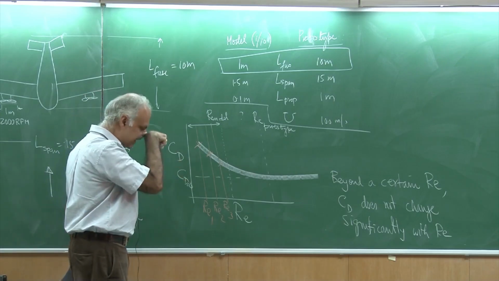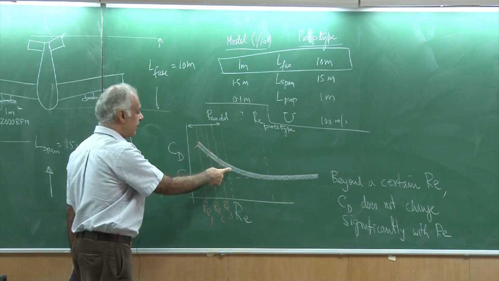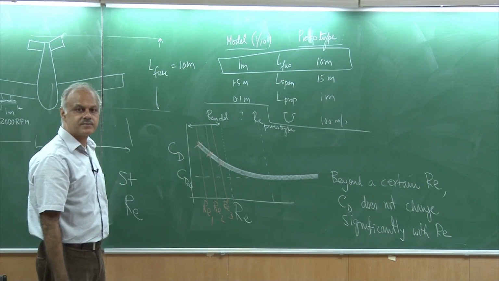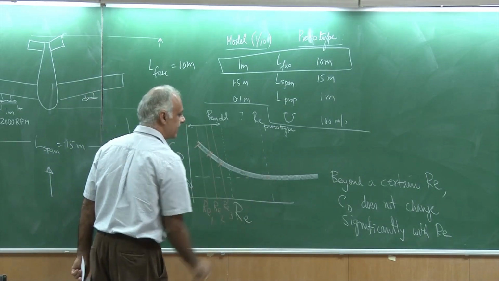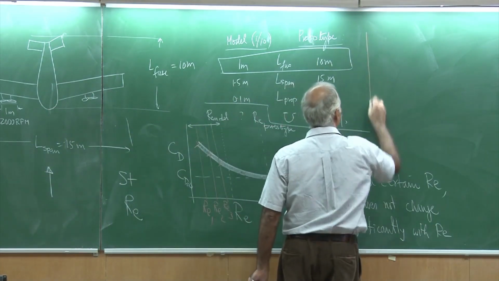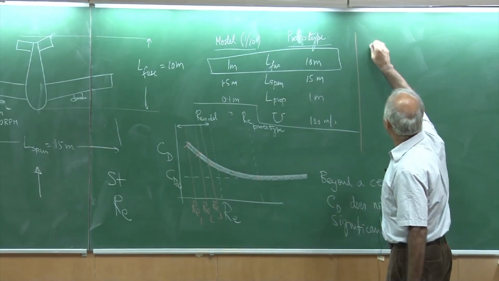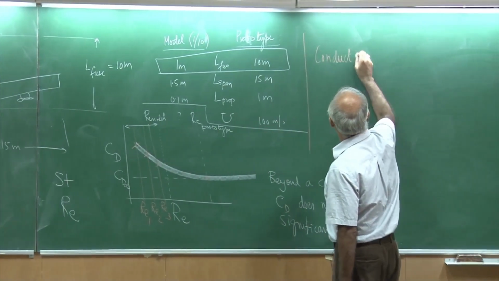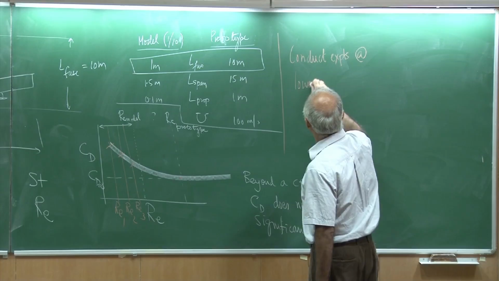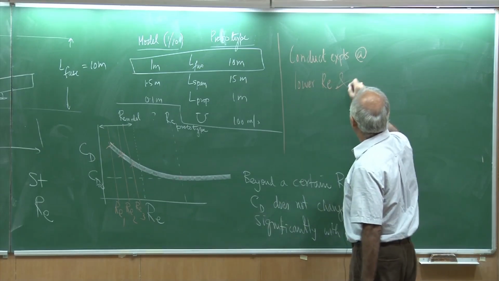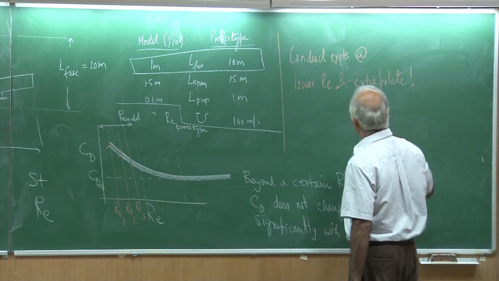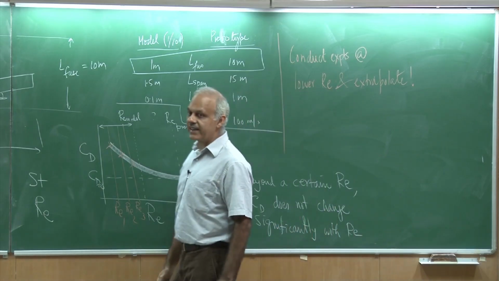So, I choose a certain Reynolds number, let us say 3 of them or maybe 4 of them, and I look at how my CD varies as I change my RE. And then I am interested in the RE over here, so I can extrapolate. So, my algorithm could be the following: conduct experiments at lower RE and extrapolate. This is very creative.